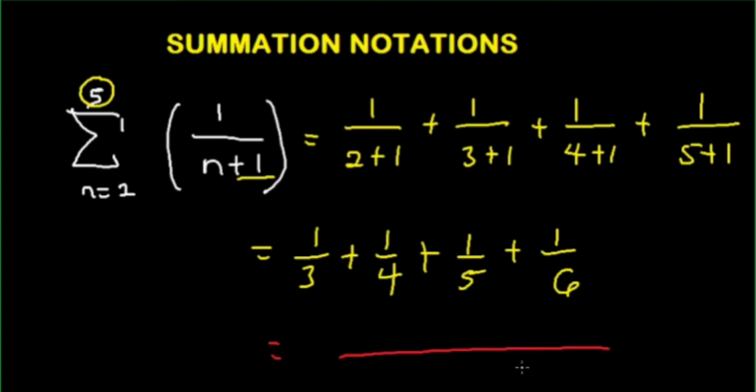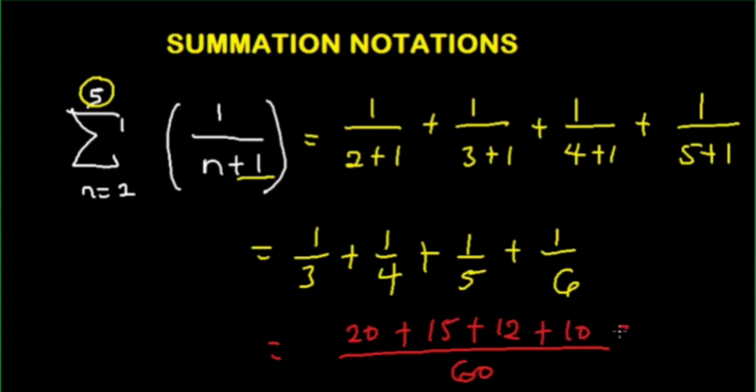The LCM of these will be 60. So 3 in 60 is 20, plus 4 in 60 is 15, don't forget 15 times 1 is 15, plus 5 in 60 is 12, then 6 in 60 is 10.